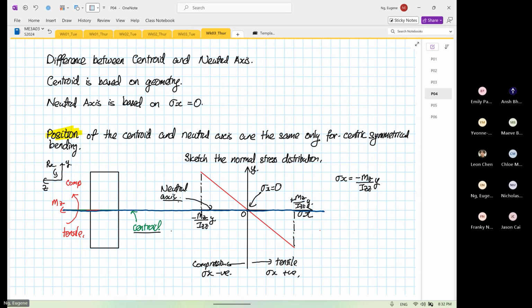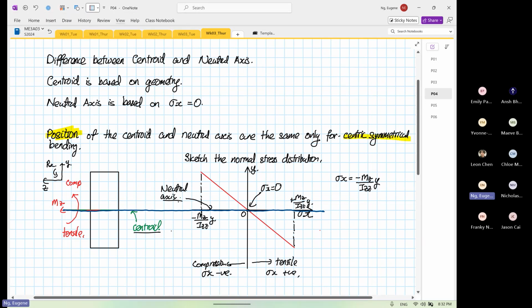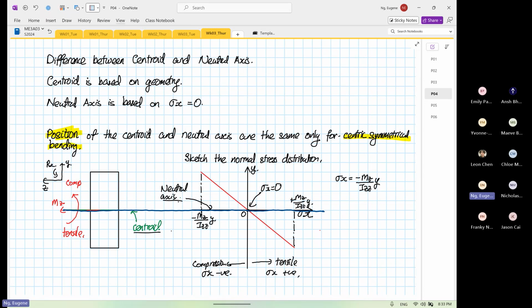The centroid and the neutral axis are on the same line. Okay. So it's only true when we have what? This is only true if we have centric symmetrical bending.